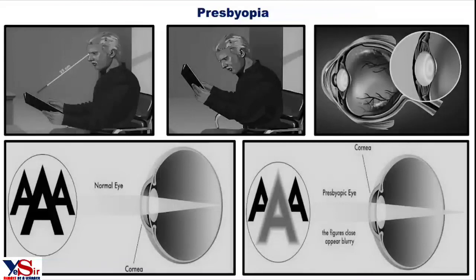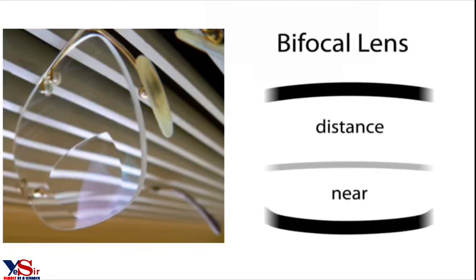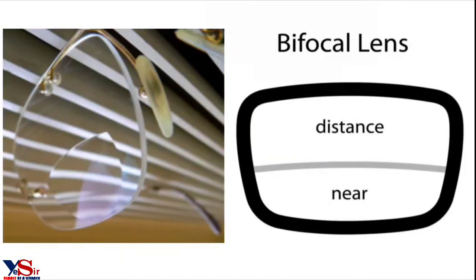Now we continue with this bifocal lens. In such a lens, the upper part is a concave lens that corrects nearsightedness, while the lower part is a convex lens which corrects farsightedness. Here also, as shown in the figure, the bifocal lens corrects distance and near vision simultaneously.